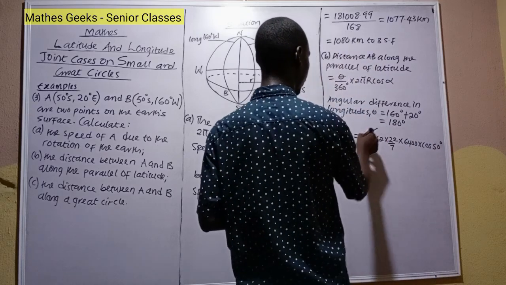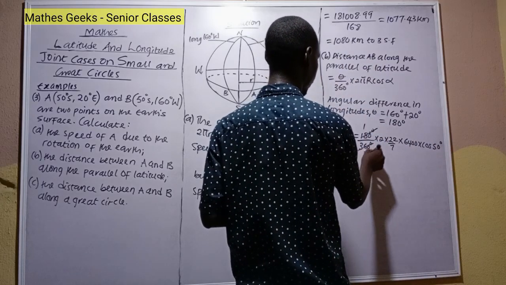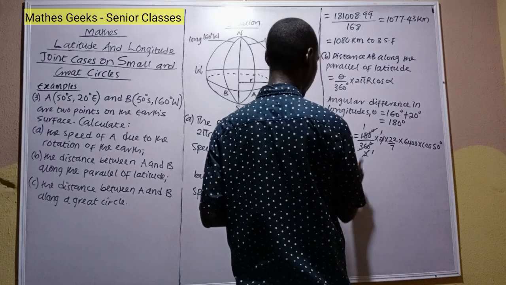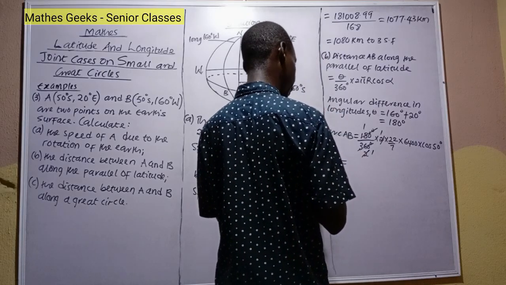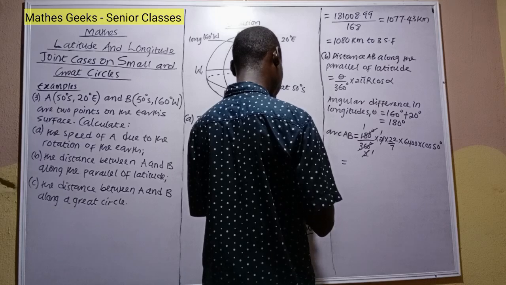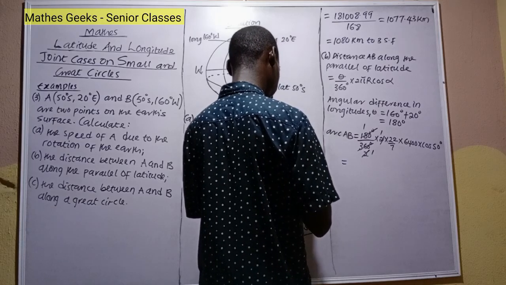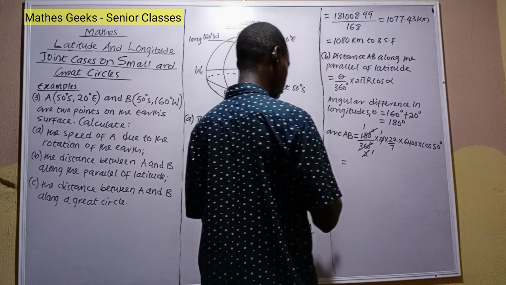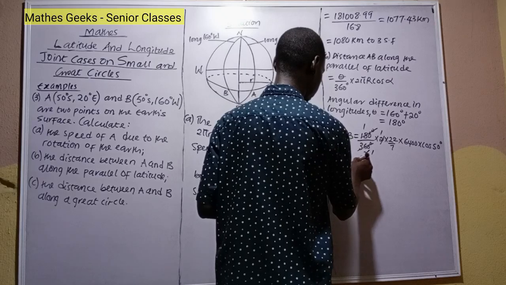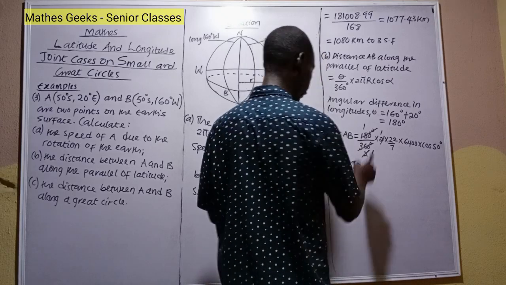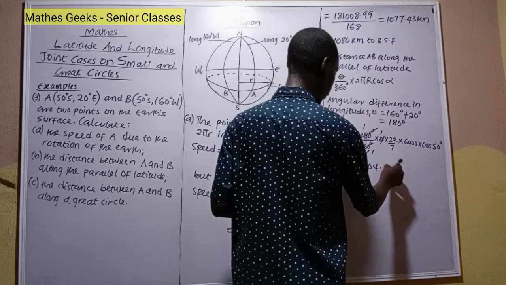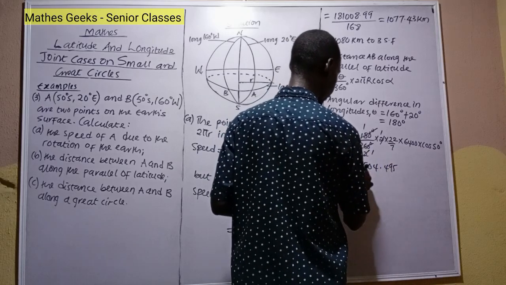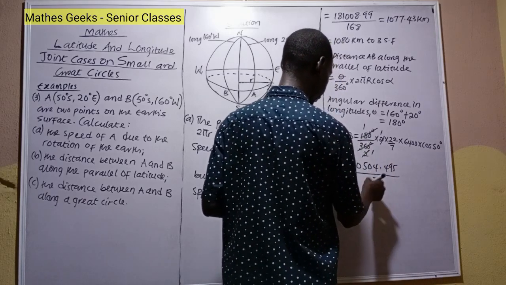So 180 over 360 simplifies to one half, the 2 cancels, so 22 times 6,400 times cos 50 is 90,504.495 divided by 7.